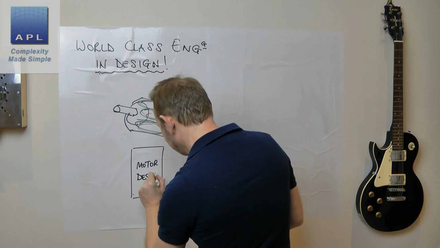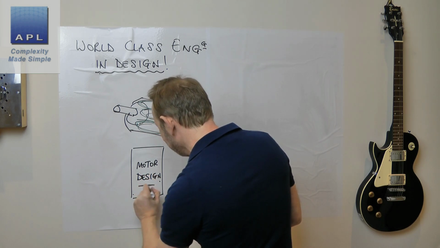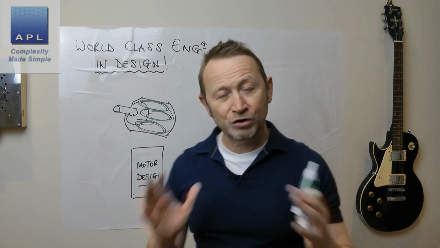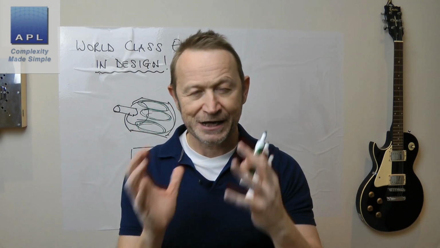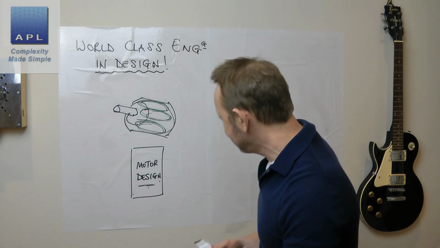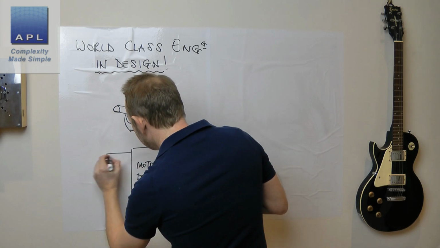And I have no idea, by the way, I've made these parameters up. I have no idea whether these parameters make any difference to the efficiency in an electric motor. But I'm just making this up as an example of what a world-class engineer would do to get new knowledge about his system. Okay, so we've sat down with the experts and they've said this to us, look.